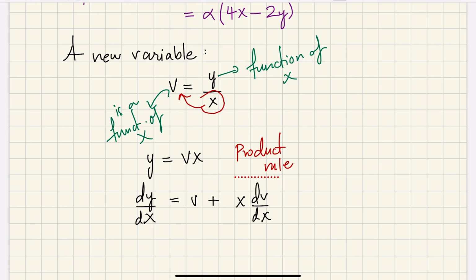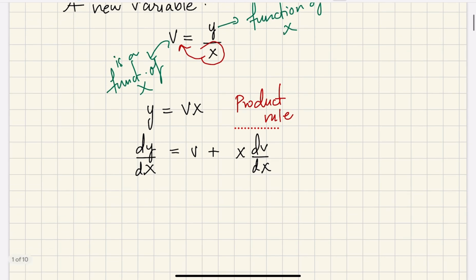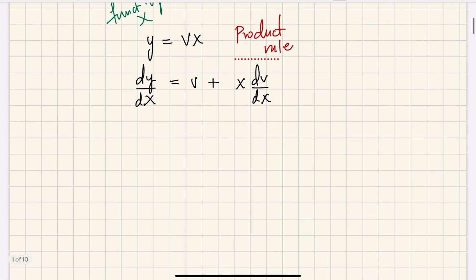So now say you have a first order differential equation. That's what we're dealing with right now. And it looks like dy over dx is equal to f of x and y. It's just a function. And if f of x and y is homogeneous, then we will make a substitution for all the y's that appear in this function.